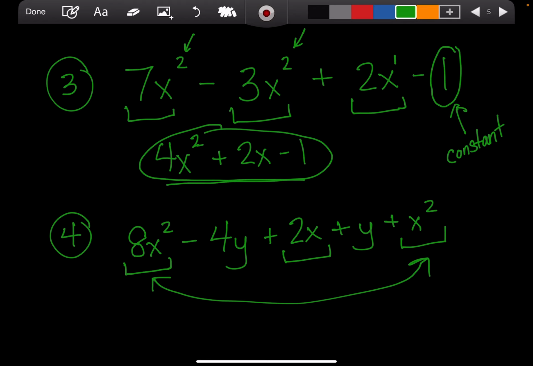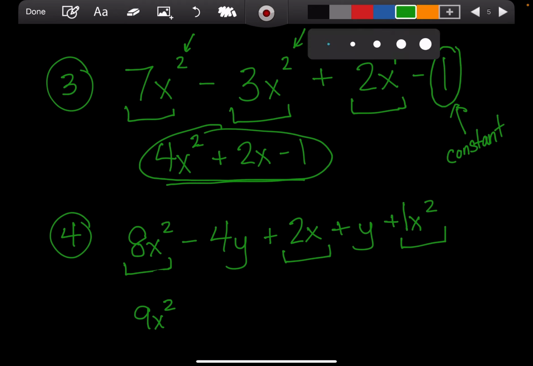Because you can basically just skip over the other terms that are after 8x squared, because they're not like terms with 8x squared, and you can do 8x squared plus x squared. And technically x squared is a 1x squared, right? So 8 plus 1 is 9, that's 9x squared if I combined those 2 terms.